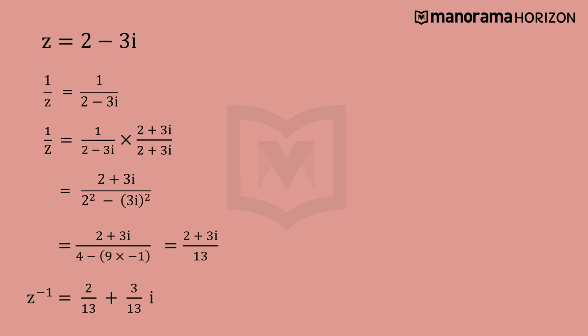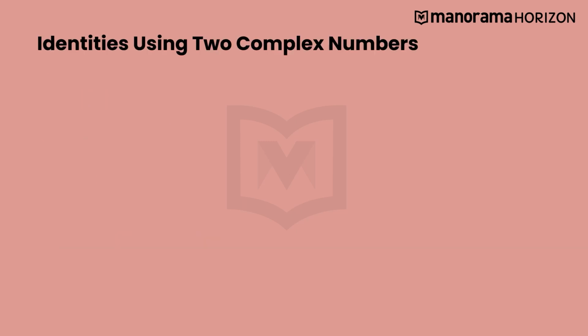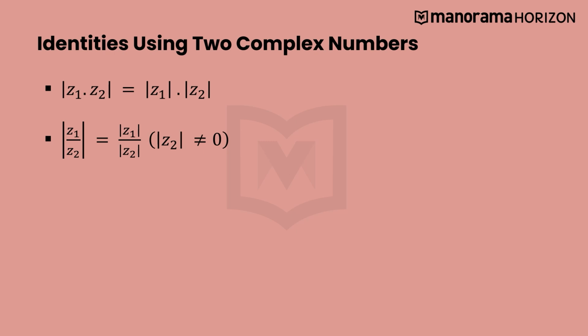So using two complex numbers, we can also derive some identities. Now let us focus on that. The first identity is modulus of Z1 into Z2 is equal to modulus of Z1 into modulus of Z2. Second identity, modulus of Z1 by Z2 will be equal to modulus of Z1 divided by modulus of Z2, where modulus of Z2 will not be equal to 0.